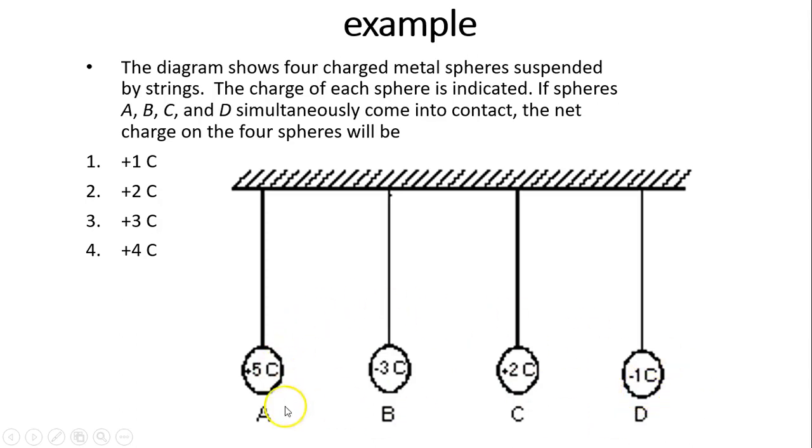So your net charge: +5 and -3 give you +2. Another +2 gives you +4. Then -1 gives you +3. So before, the total is +3, and after, the total has to be +3 as well.